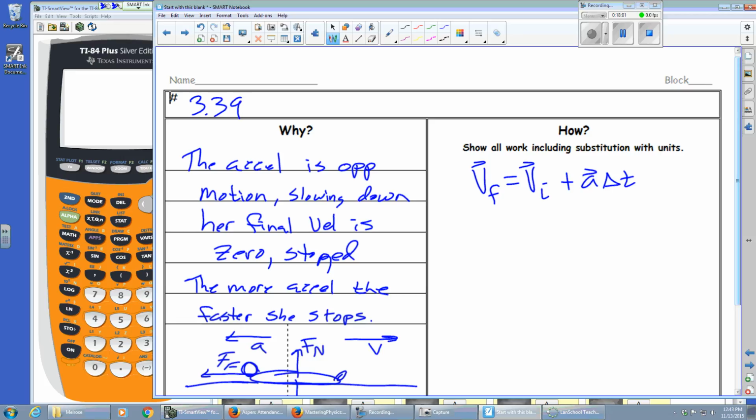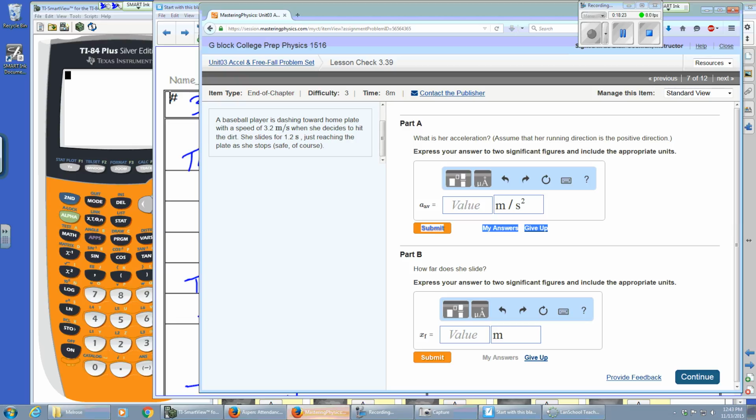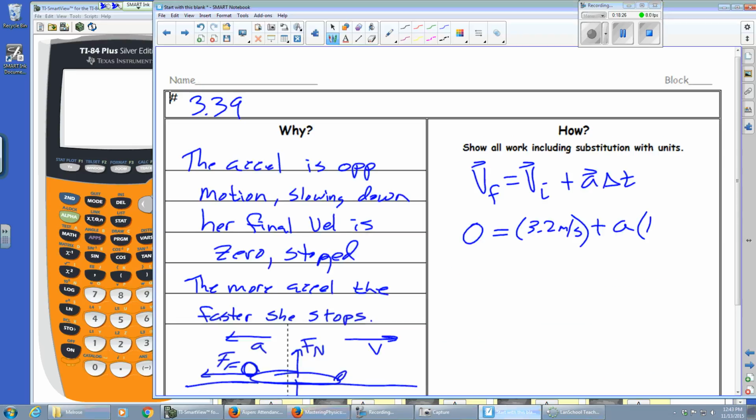You know where final velocity is? 0. My initial was 3.2 meters per second. I don't know her acceleration, but I expect it's going to be negative, right? Because it's opposite her motion. So if I get a negative answer, I'm going to be happy. And they told me my time, 1.2 seconds.